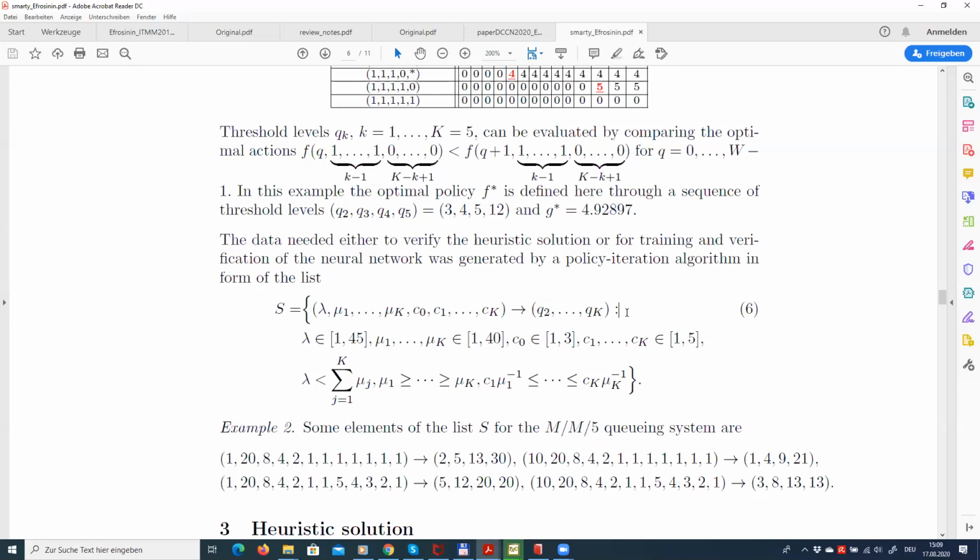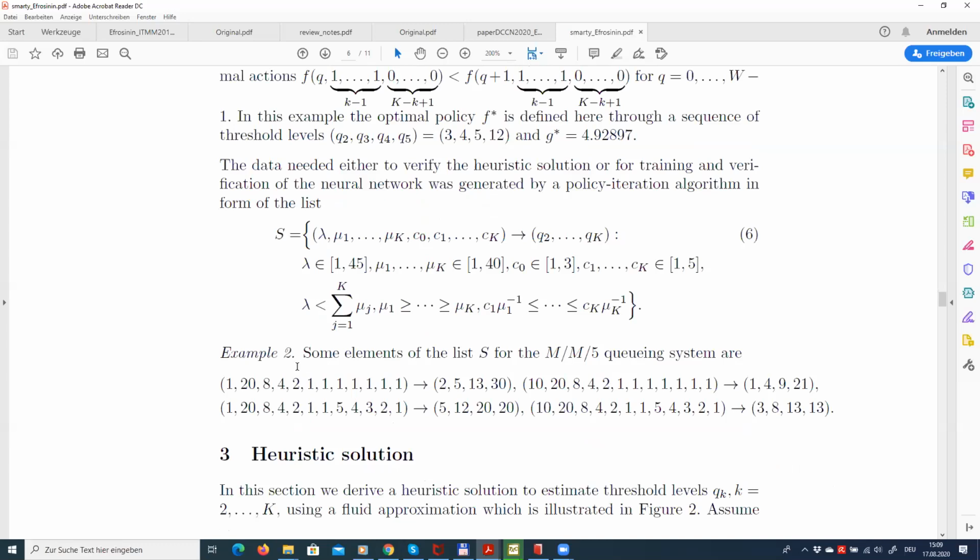That means we evaluate for different combinations of system parameters. It can be done with some step, or we can select these values randomly. So we generate data. Some elements of this data are illustrated here in this example. But we have, of course, many more elements in this list.